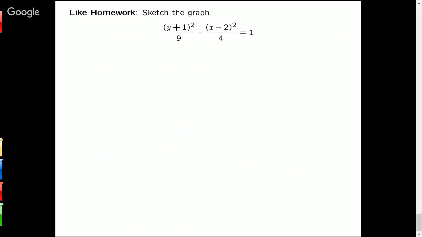So let's do the last one. What's the center? When did we switch? Oh, yes, we read them backwards. 2, -1.